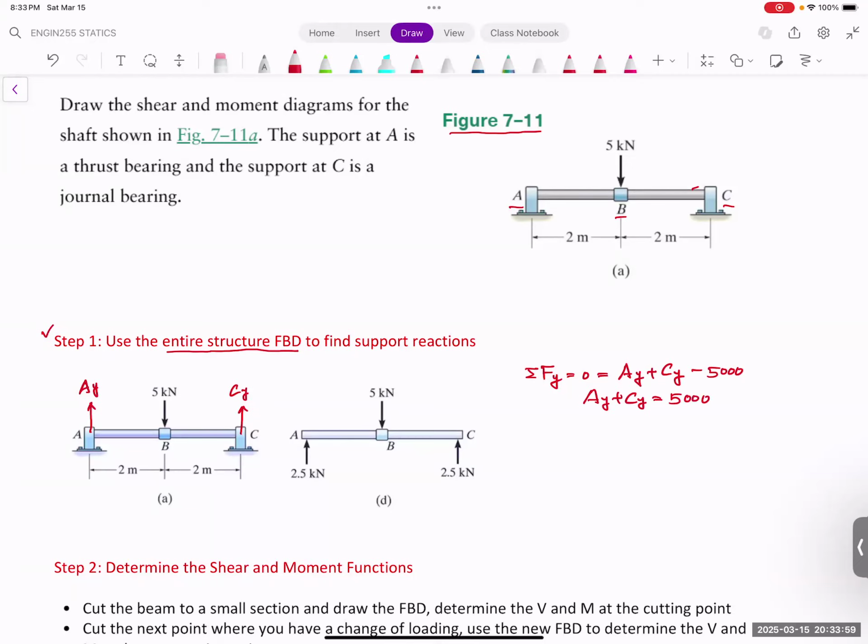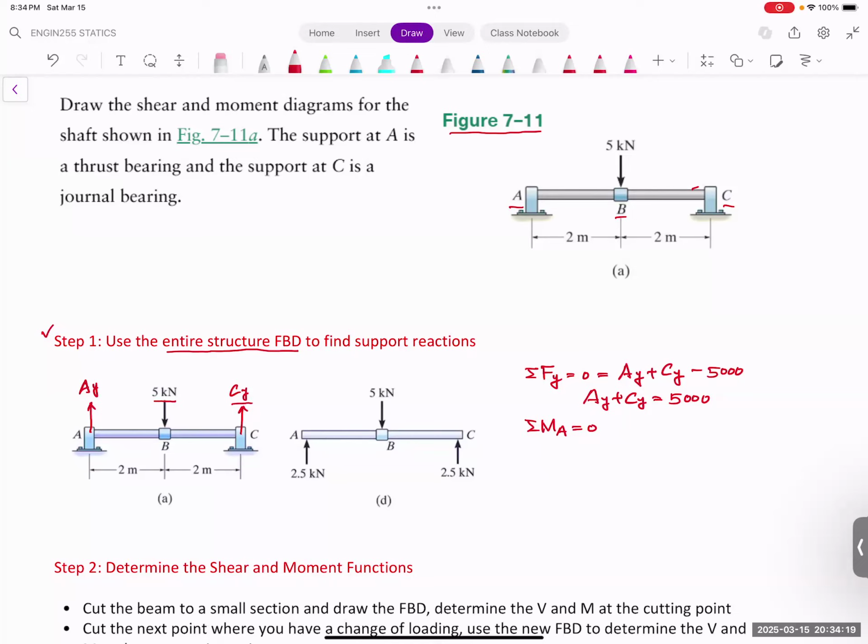That's easy. But if you want to solve these two, you need an additional equation. The other equation that we use is the summation moment. So we can use the summation moment at A. If you do summation moment of the A, there are two forces that will contribute the moment, which is this one and this one here.